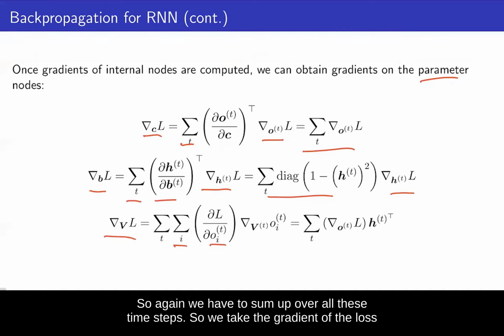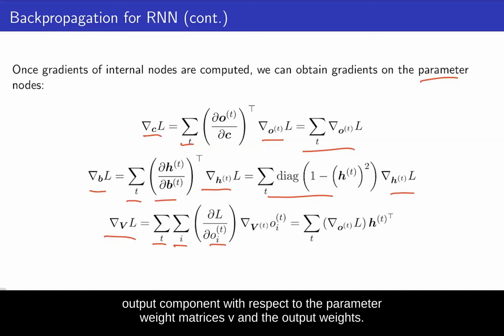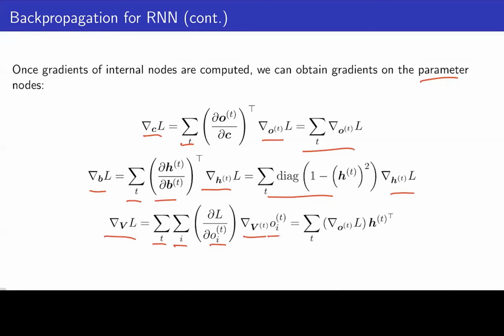So again, we have to sum up over all these time steps. So we take the gradient of the loss with respect to the ith output component, and we chain it with the gradient of the output component with respect to the parameter weight matrices V, the output weights.